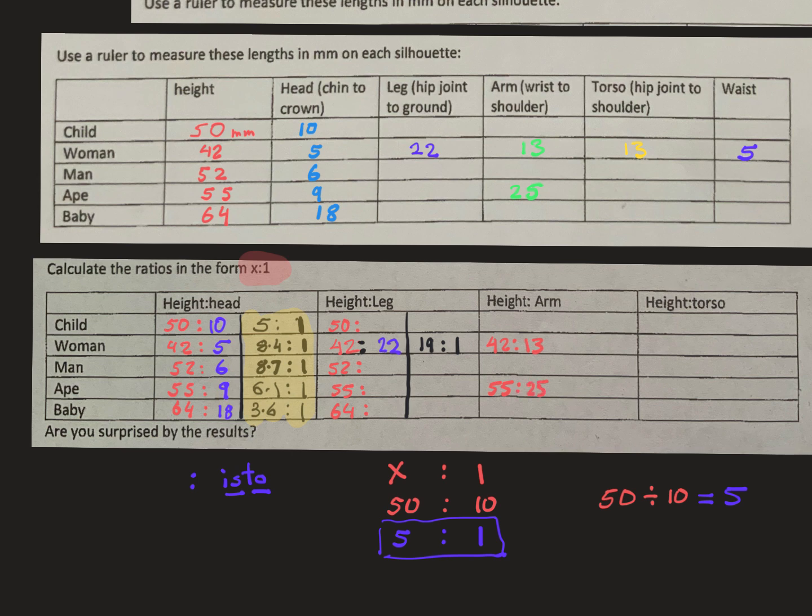And then I can do the torso height for the woman, which is 42, because the woman's height is always 42, and her torso is, in yellow, 13. I should have made these two in green so that we can be consistent throughout.